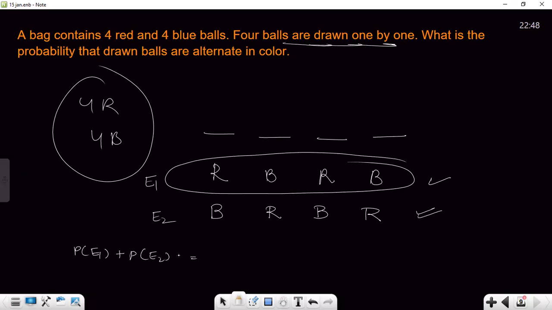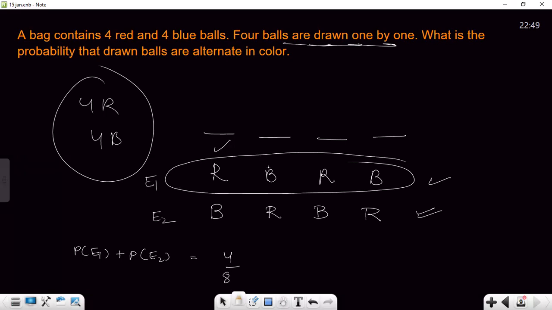What is the probability of event E1? When we are withdrawing the first ball, it has to be red. So how many total balls are there? 4 red, 4 black. So 4 favorable red balls upon 8. This is the first ball being withdrawn.